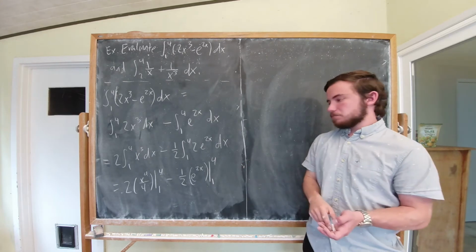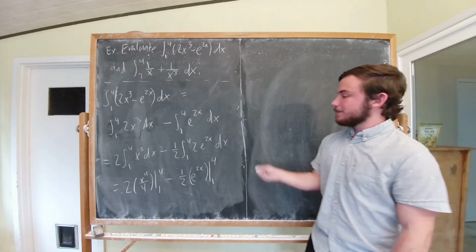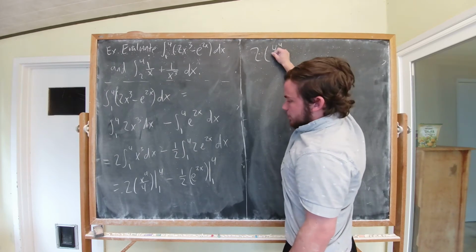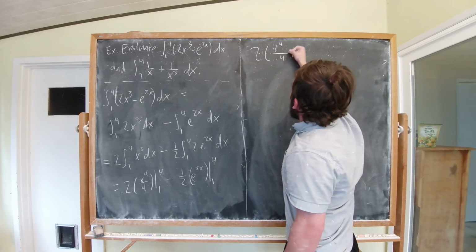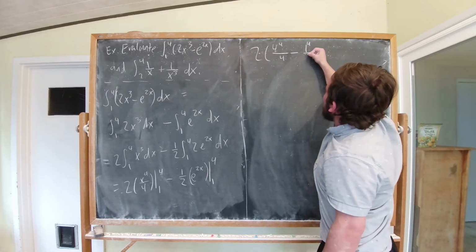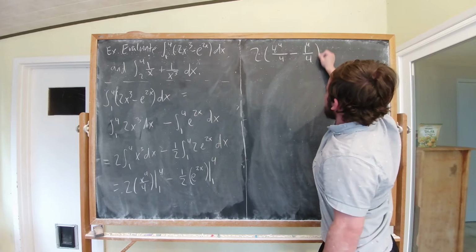Alright, so let's plug in our numbers and jump. This is 2 times 4 to the 4th over 4 minus 1 to the 4th over 4.